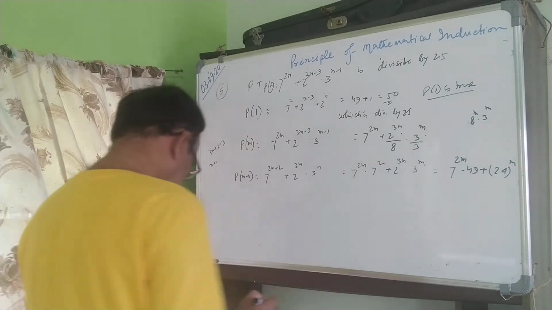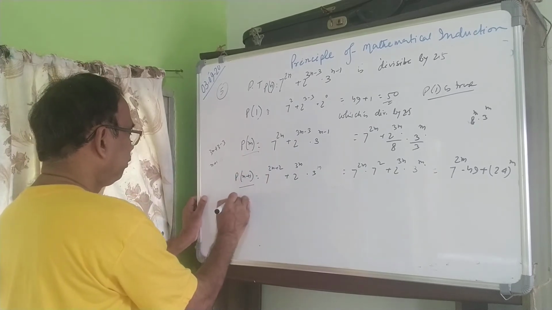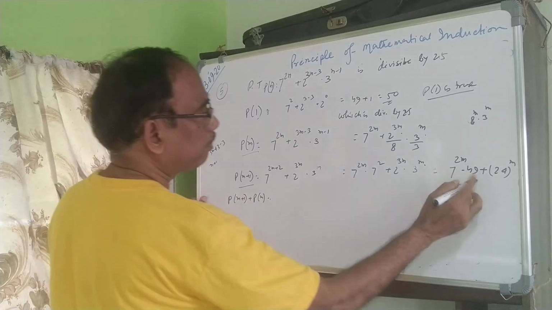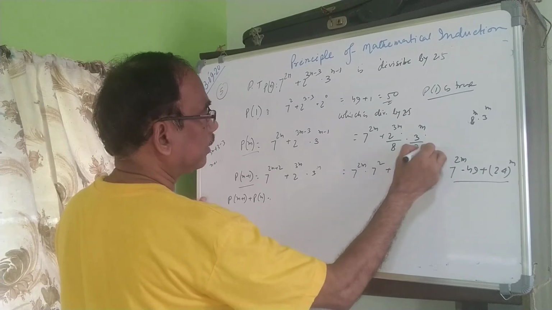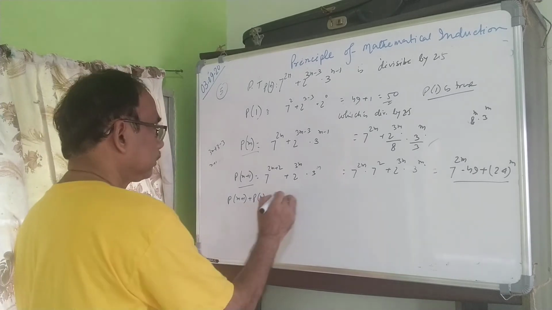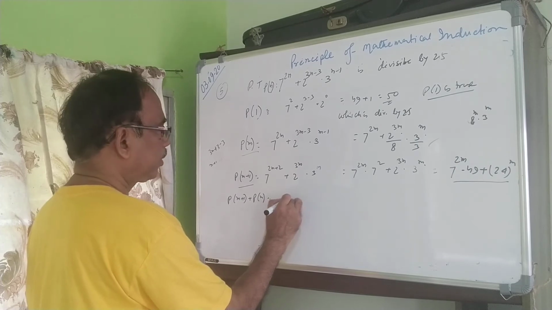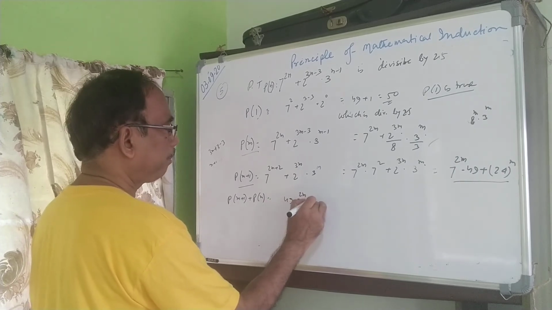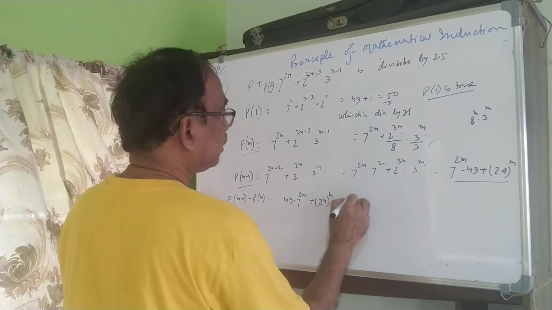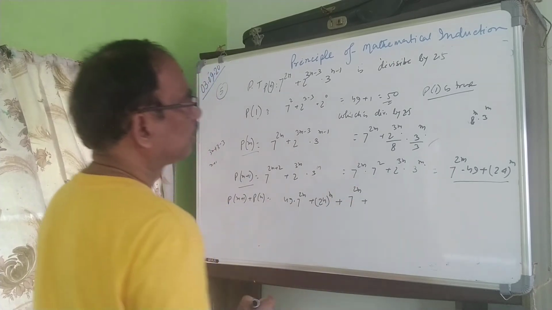Now, if we do addition, P(m+1) and P(m) to add, P(m+1) plus P(m), this plus this, that is 49 times 7^(2n) plus 24^n, plus 7^(2n) plus 24^n by 24.